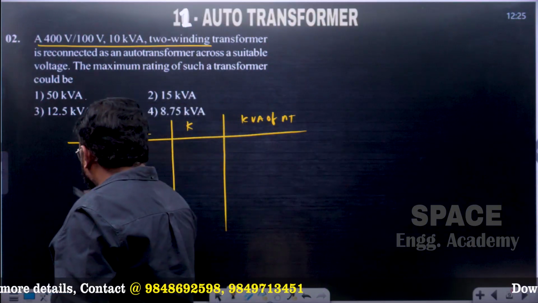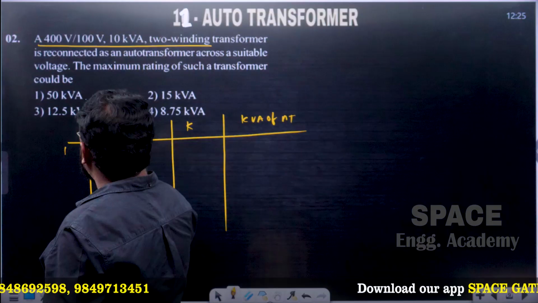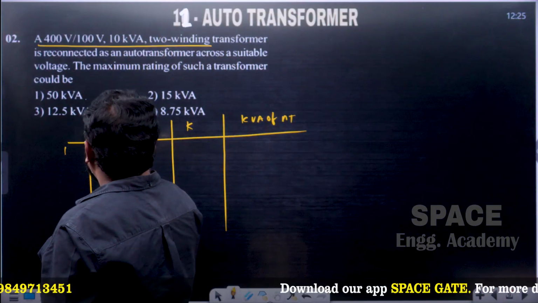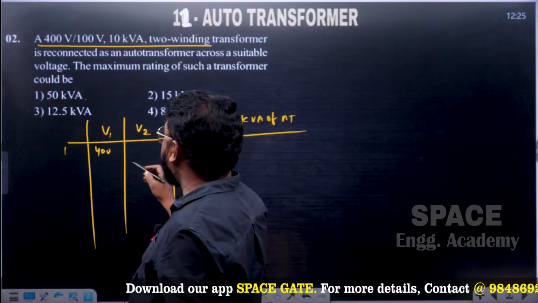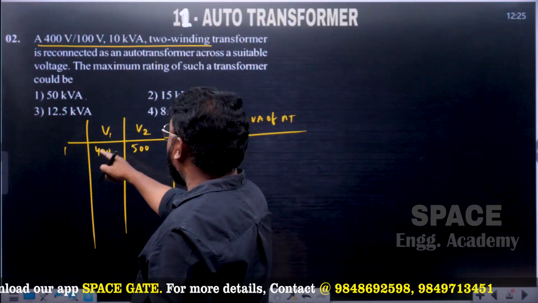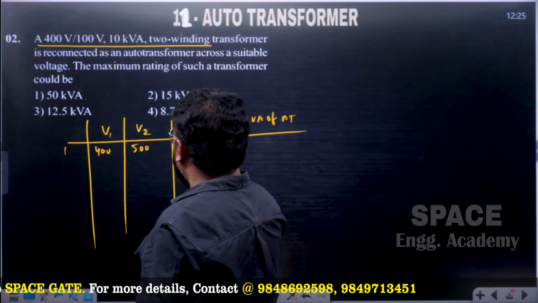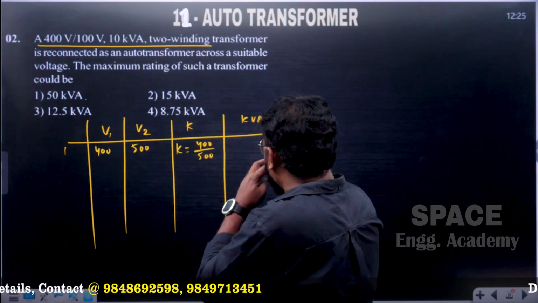The first possible connection I am taking is 400 volts as the source. If it is connected in series additive polarity, this value will become 500 volts, where K is equal to the low voltage by the high voltage, 400 divided by 500. And what is the KVA rating of the auto transformer?